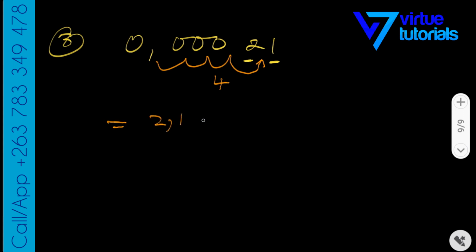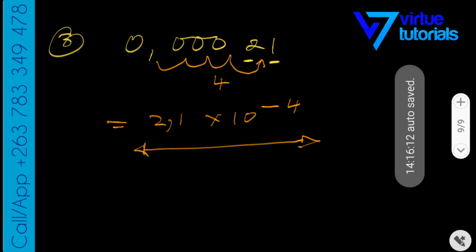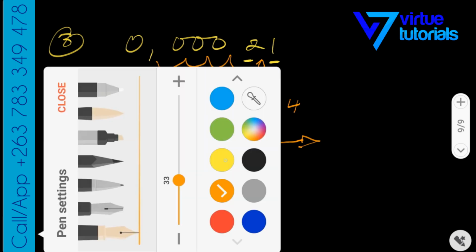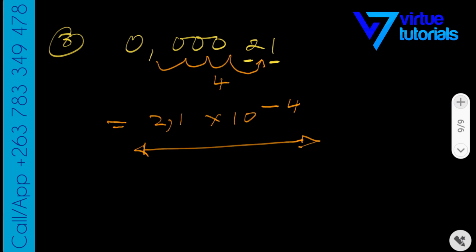So I'll have 2, 1, but it's times 10 to the power minus 4. The number was starting with a 0, so it's a small number, a number smaller than 1. So I put a minus to show that. So that's 2.1 times 10 to the power minus 4. This actually makes mathematical sense if we break this down and work through it, but we're just taking the shorter way here.